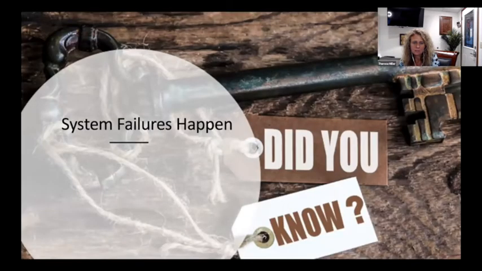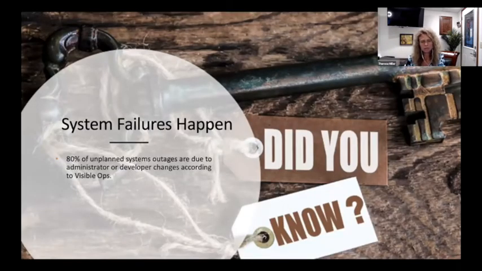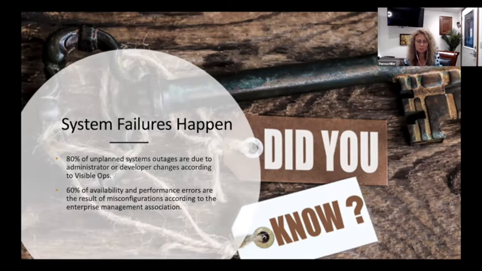As most of you know, regardless of the platform, system failures happen. 80% of unplanned system outages are due to an administrator or developer change. Stuff happens, right? 60% of availability and performance errors are the result of misconfigurations.